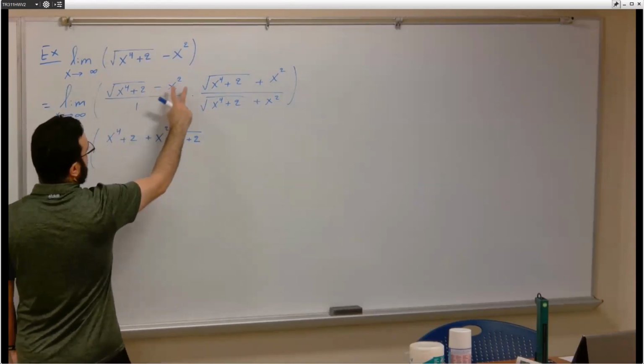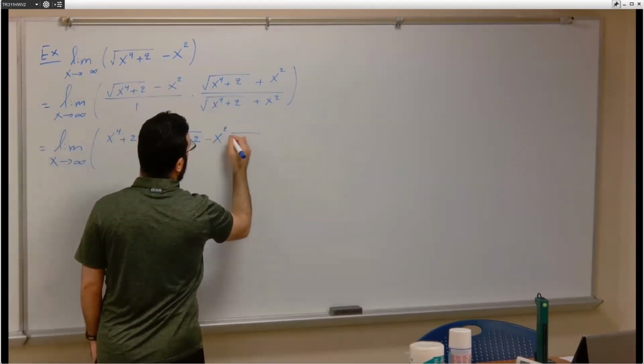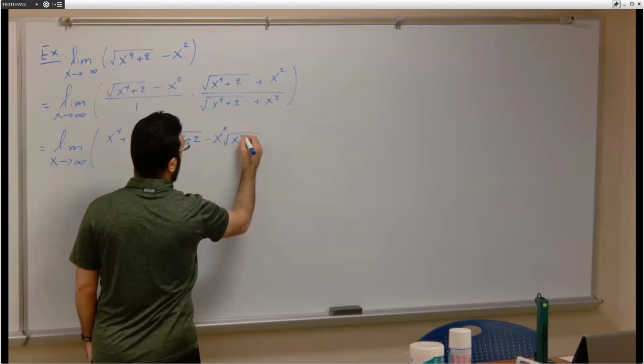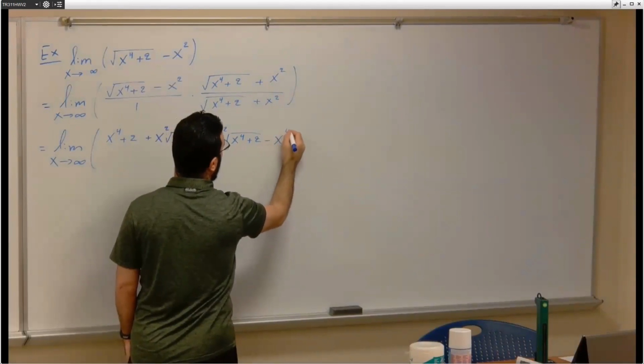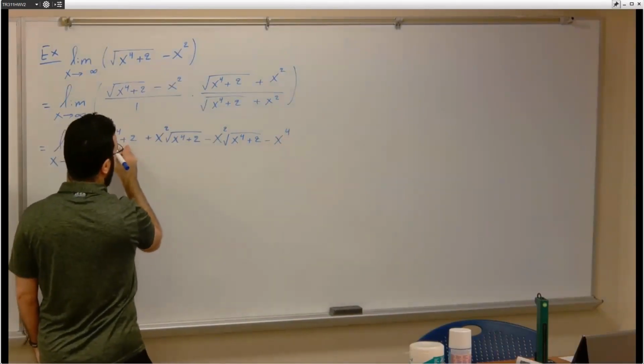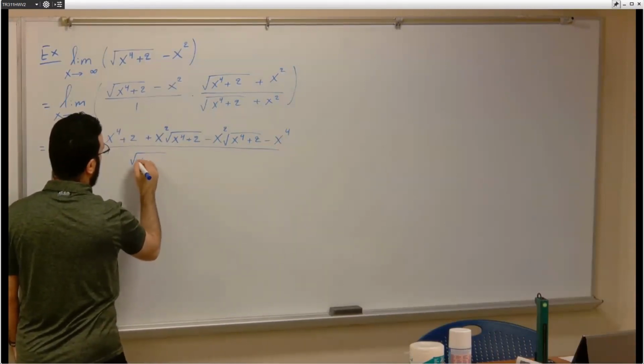Now negative x squared times the square root is going to be negative x squared times the square root of x to the power 4 plus 2. Negative x squared times x squared is going to be negative x to the power 4. Everything is divided by the square root of x to the power 4 plus 2 plus x squared.